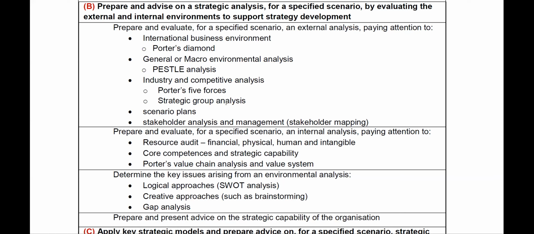To identify a strategic position, we need to know what opportunities and threats we are facing, right? So we must prepare and evaluate for a specified scenario and external analysis, paying attention to the international business environment, where we use Porter's diamond, okay? And then the general macro environment where we use the PESTA analysis, then the industry and competitive analysis, where we use Porter's 5 forces, strategic group analysis, scenario plans, and finally stakeholder analysis and management.